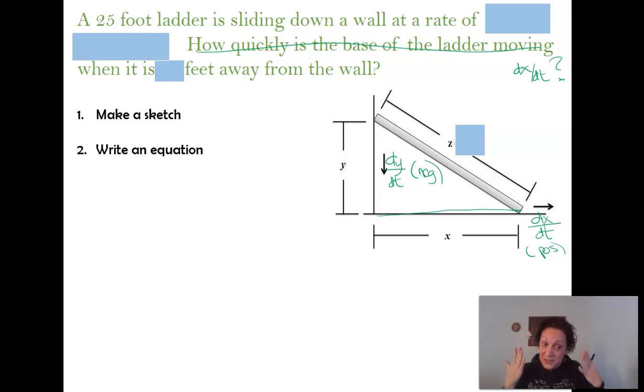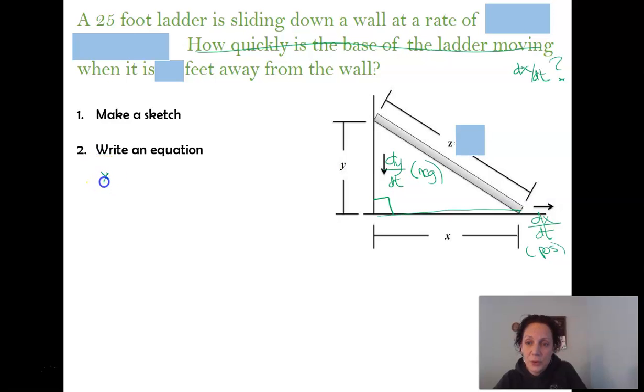Now, this is a pretty common one. Hopefully you see you have a right triangle here, right? As long as somebody built this wall square, hopefully it's not leaning, this is a right angle. So I can write an equation very simply using the Pythagorean theorem. I know how x and y are related.